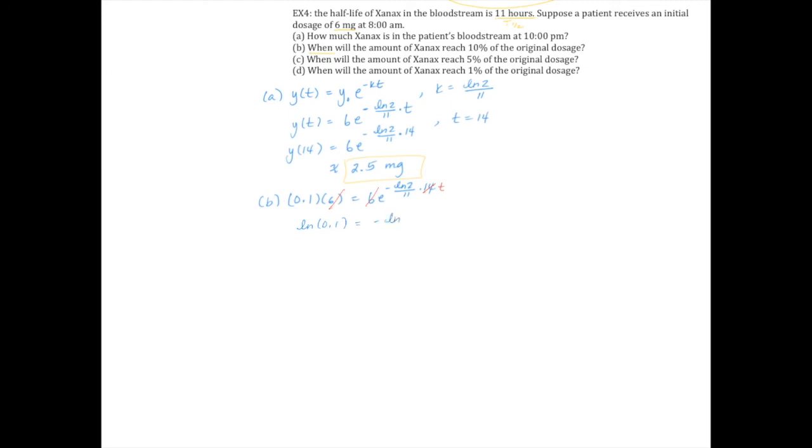So solving for t, we have natural log on both sides, negative natural log of 2 over 11 times t. So it's okay to skip that step where you show natural log of e and then cancel it. So it's just a matter of multiplying both sides by the reciprocal of negative natural log of 2 over 11 to get negative 11 natural log of 0.1 over natural log of 2 equal to t, which is our exact solution.